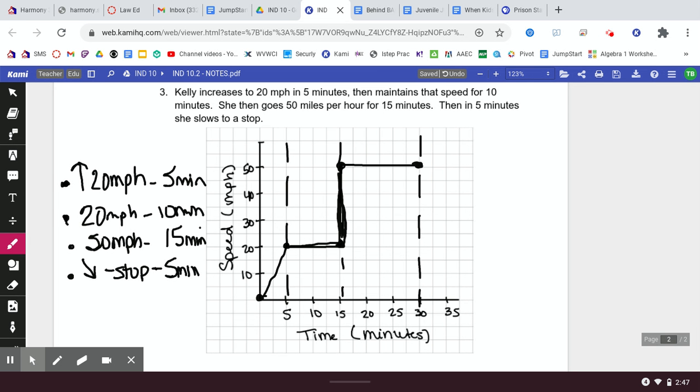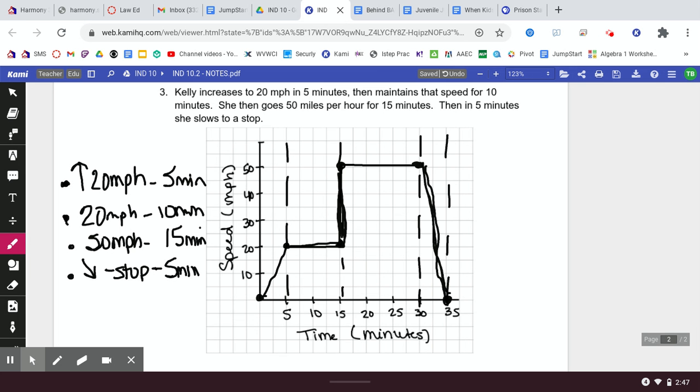It says in 5 minutes, she slows to a stop. So first I'm going to give myself this 5-minute mark here. And in that 5 minutes, she slows to a stop. Well, my point at a stop is going to be down at 0, but because it's a gradual slowdown, it's going to be an angled line. Cammie does not like angled lines.